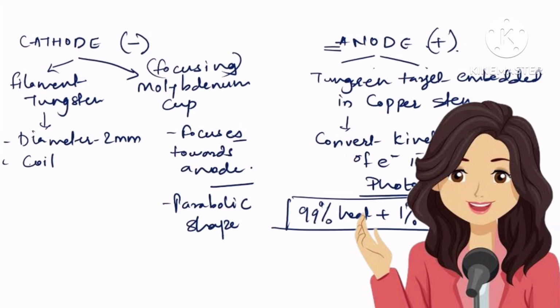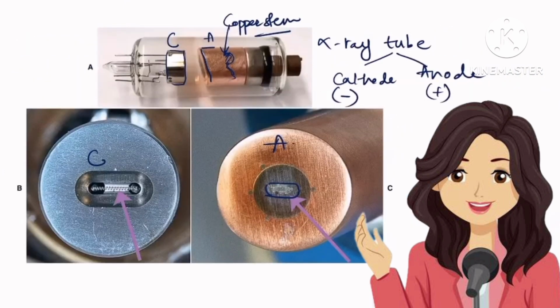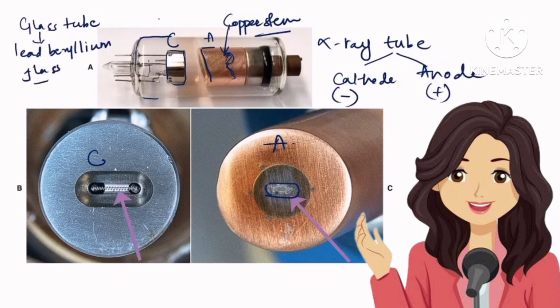Now, if we talk about this glass tube, this glass tube is made up of lead beryllium glass, and this lead beryllium glass is evacuated from inside.